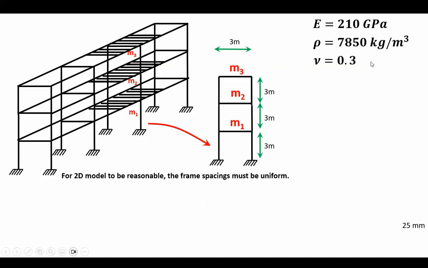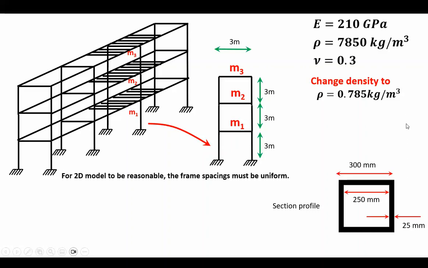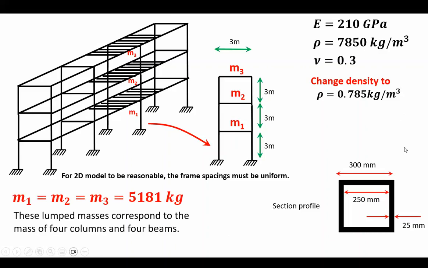When it comes to the structure itself, these beam elements, the density is dramatically reduced. The shape of the cross section is a box like this with these dimensions, and based on these dimensions and the dimension of the structure as a whole, these lumped values can be found to be 5181.